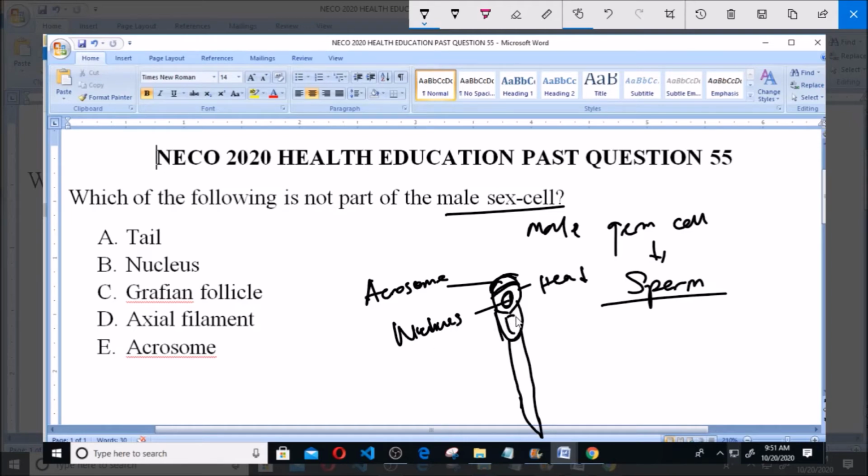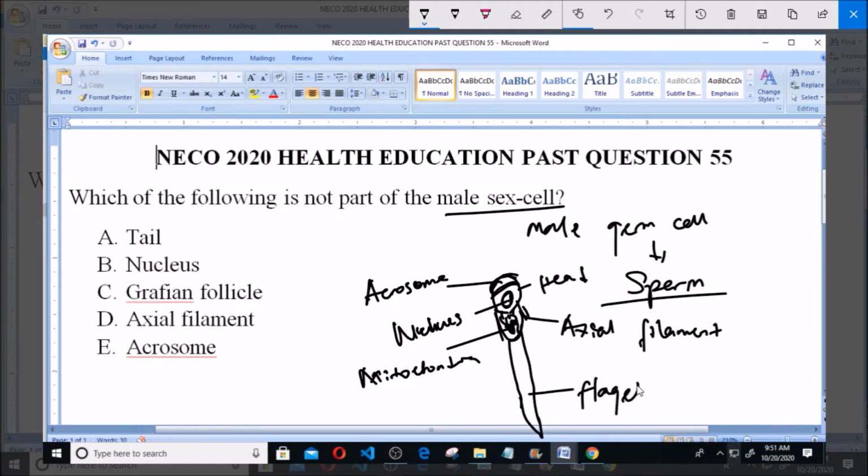Now here contains the mitochondria that provides energy for this sex cell. Also here you'll find the axial filaments, which are situated over the centrioles, and this is the flagellum. The flagellum enables it to swim off movements.